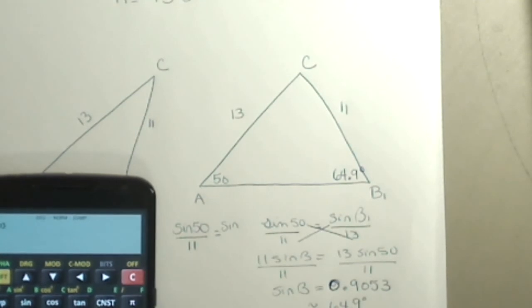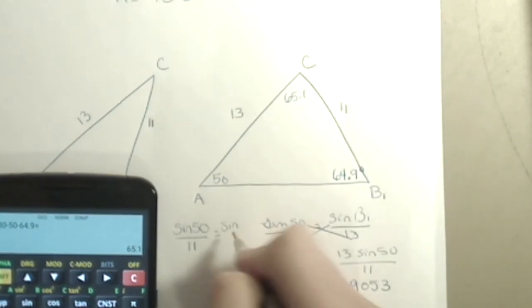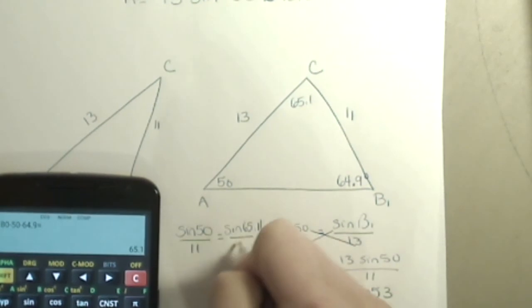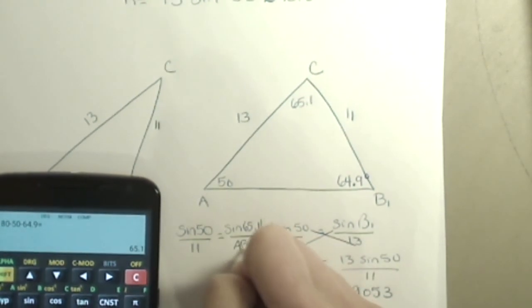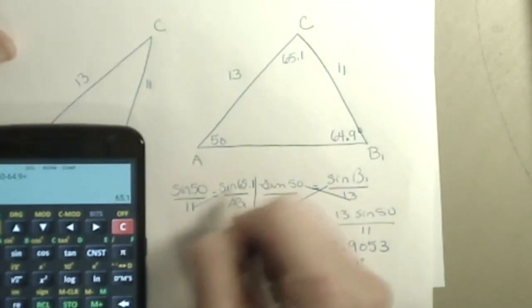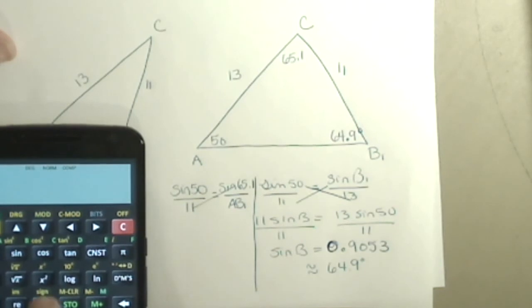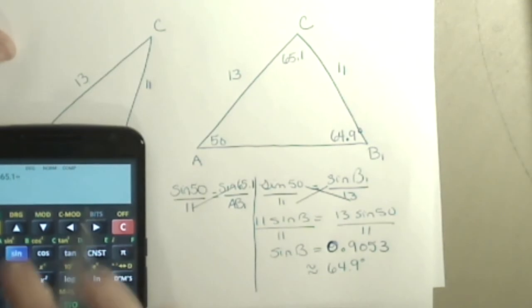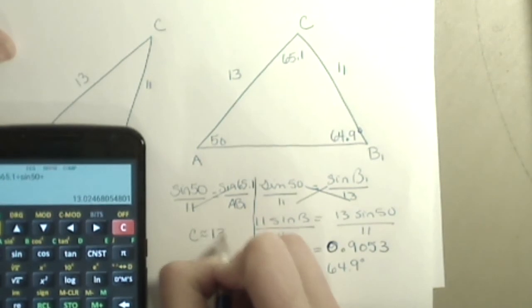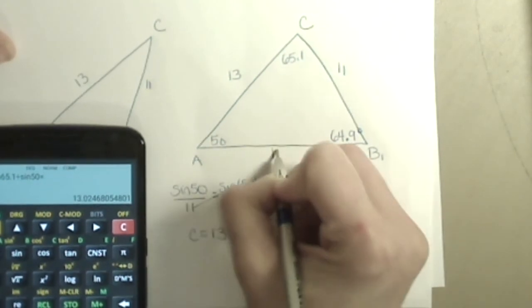So in my calculator, 180 minus 50 minus 64.9 is 65.1. So sine of 65.1 over the missing side AB1, which I should have just called C, but whatever. So 11 times sine of 65.1 divided by sine of 50 is, that side C is approximately 13.02, so about 13.0.